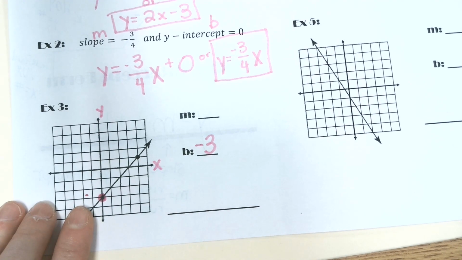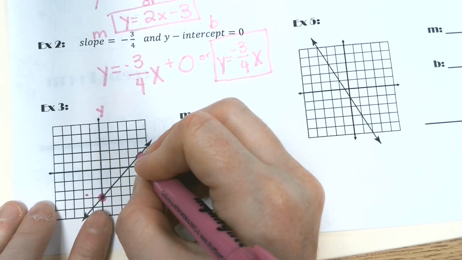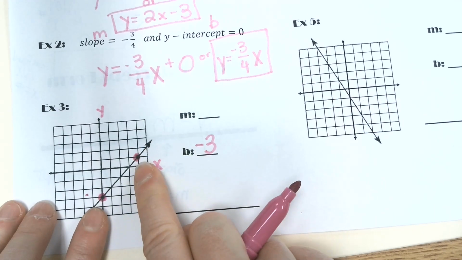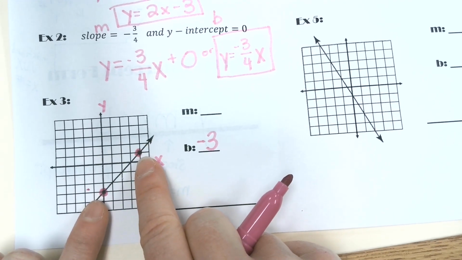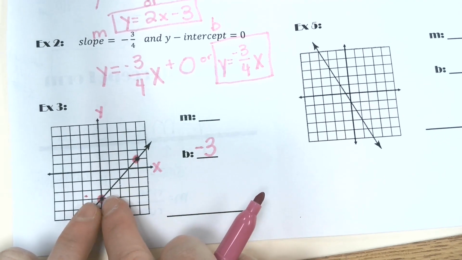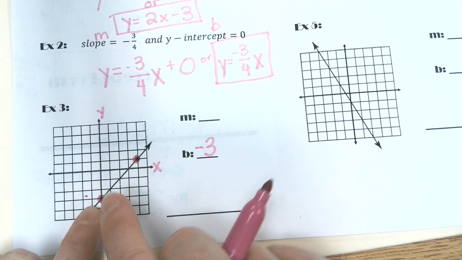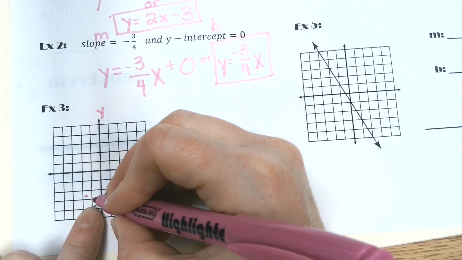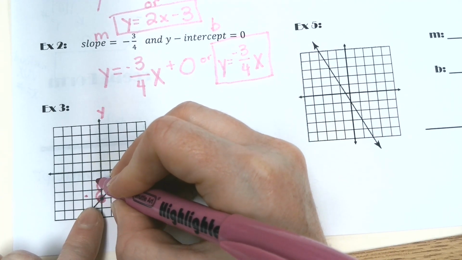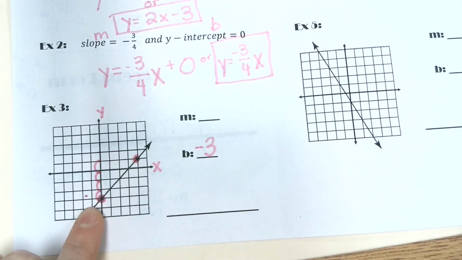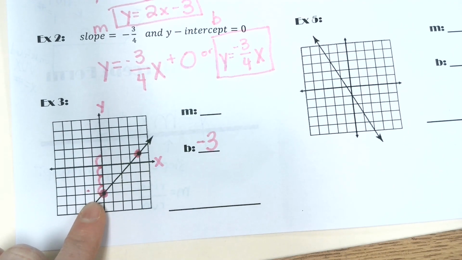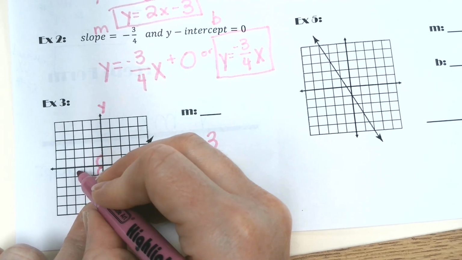Once you find your y-intercept, then you find another pretty point, which they already have graphed for us, identified for us. We're going to count rise over run. So I'm going to start at the left point, and I'm going to count, just like we did the other day when we just found slope. Rise. That would be 4.